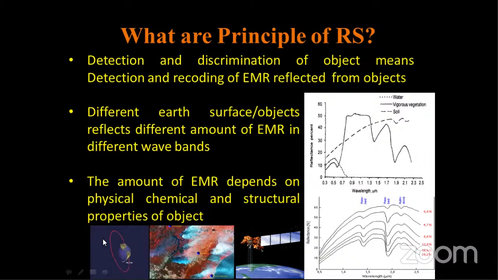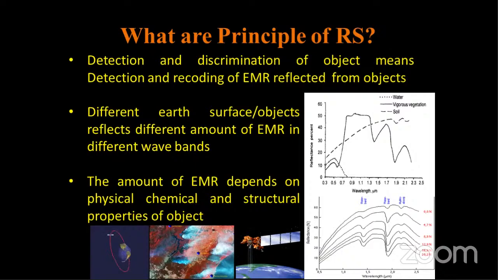image. The satellite moves in an orbit around the Earth, and that orbit may range from 500 to 900 kilometers above the surface, because this is a polar satellite. There are two types of satellites: polar satellites and geostationary satellites. Geostationary satellites are at a height of 36,000 kilometers, while polar satellites go around the earth within 700 or 800, or you can say 600 kilometers above the surface.